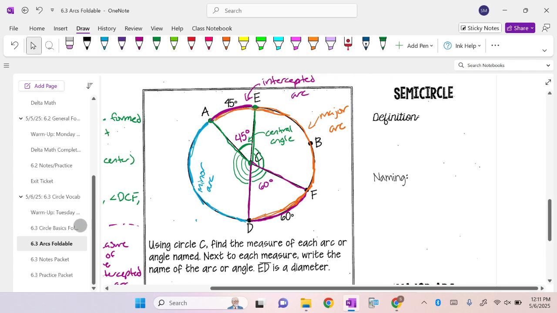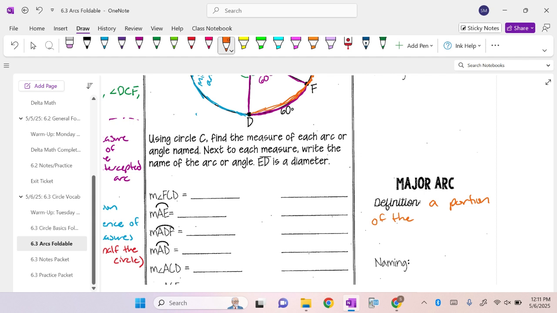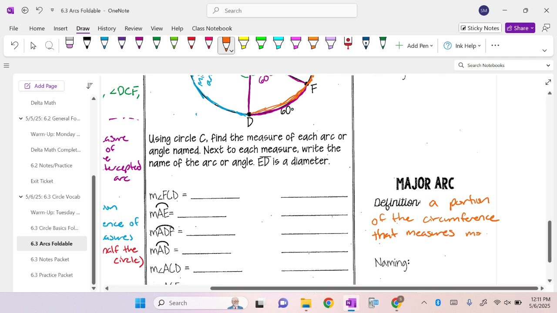And again, the formal definition of a major arc is that it's a portion of the circumference, or part of the edge of the circle, that measures more than 180 degrees, or again, half the circle.